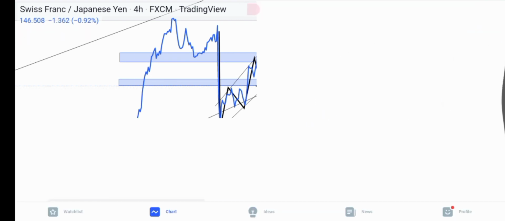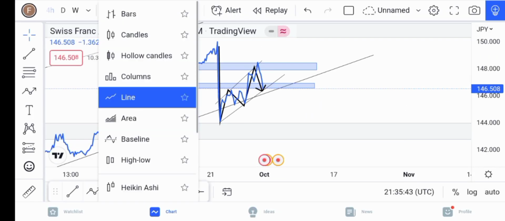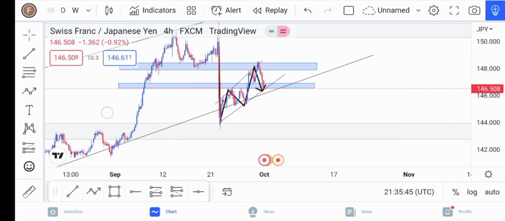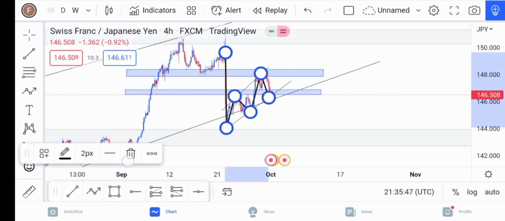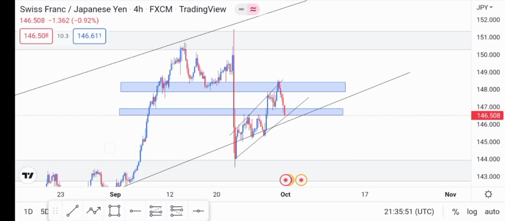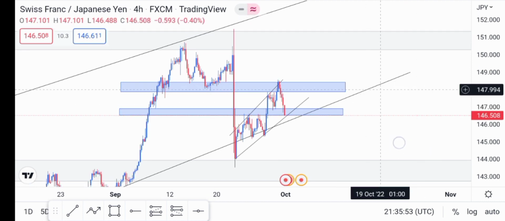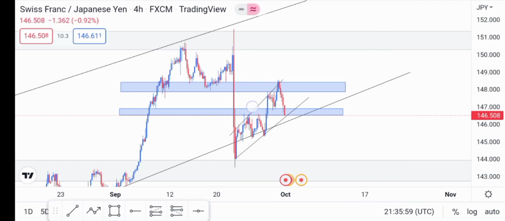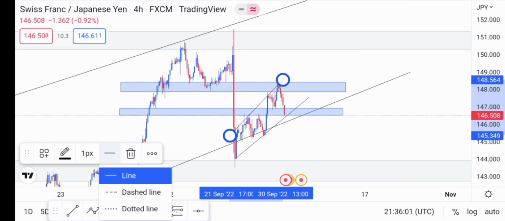So let us change it to the candles again. Let us remove this. Okay, so as you can see, bear in mind this overall pattern that we have. Let us change this to a dotted line.